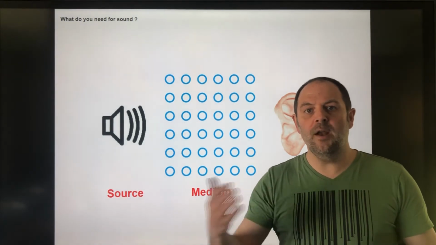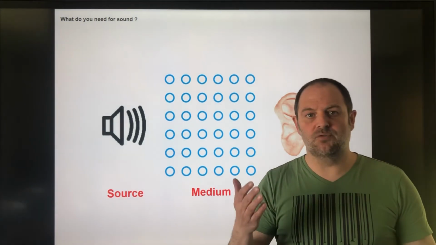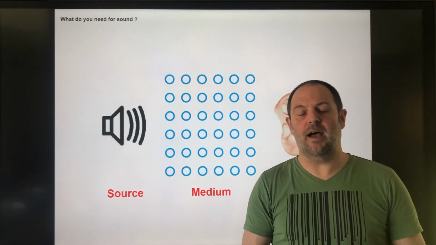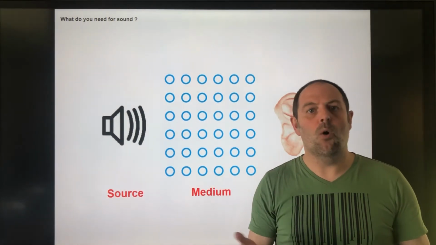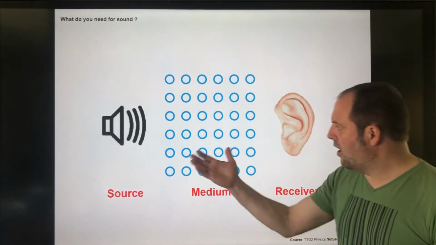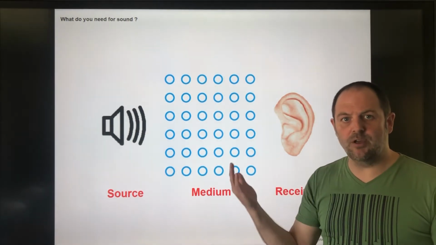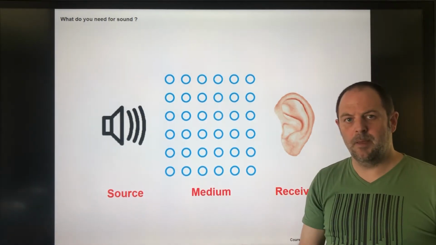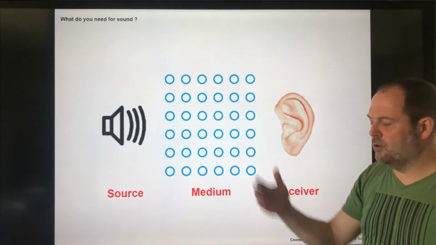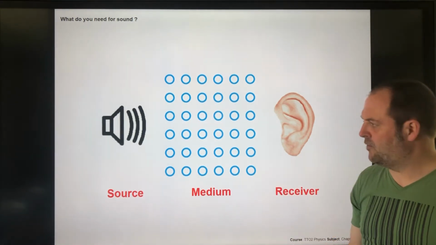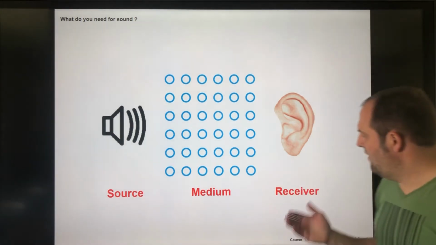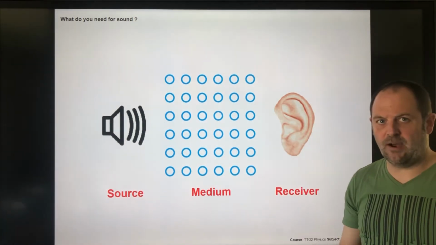So if you're standing really close to an astronaut in space and you shout as hard as you can, the other won't hear you, because there are no air molecules. And the air molecules need to start vibrating, caused by the source. So, without the medium, no sound. Without the source, if there's nothing vibrating, no sound. If you don't have any ears, no sound.